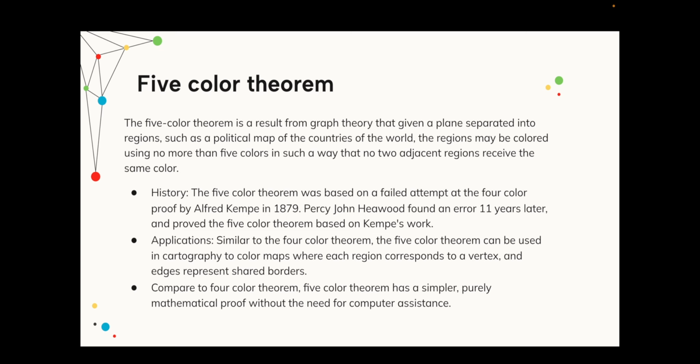The application for the five-color theorem is pretty similar to the four-color theorem, which is that it can be used in cartography to color maps where regions correspond to vertices and edges represent shared borders. Compared to the four-color theorem, the five-color theorem has a simpler and purely mathematical proof without the need of computer assistance.